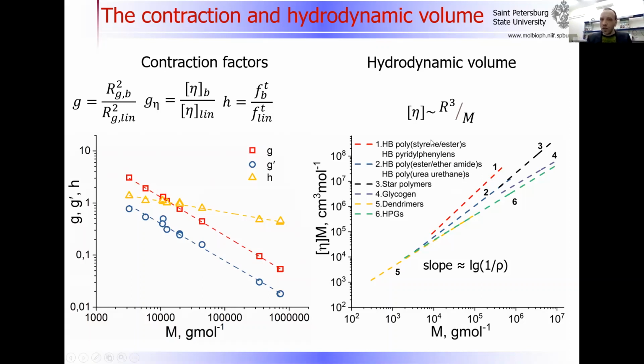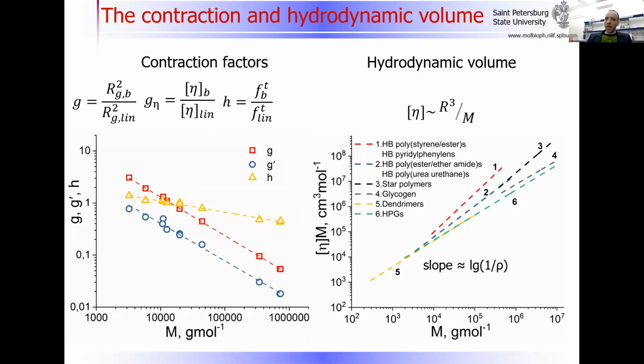Even if you take this hyperbranched polystyrene or esters or hyperbranched polyester ether amides and so on, they are rather large in volume. They're comparable in volume to the linear analogs, actually.